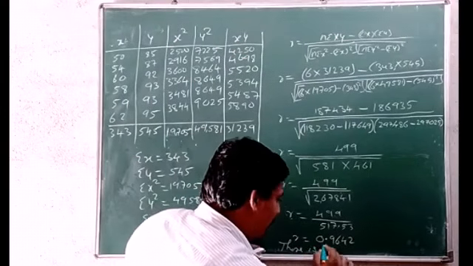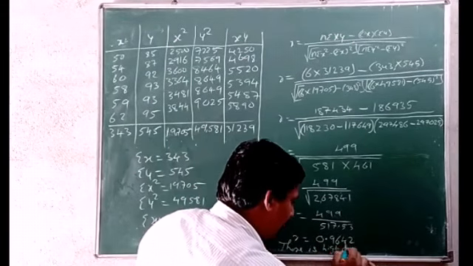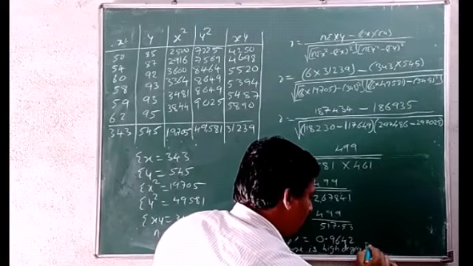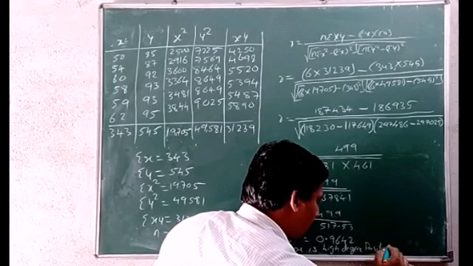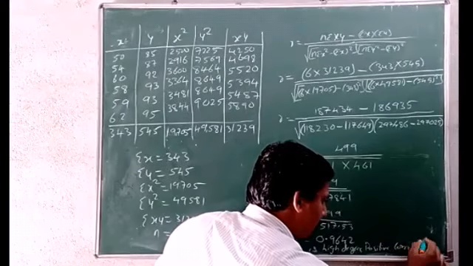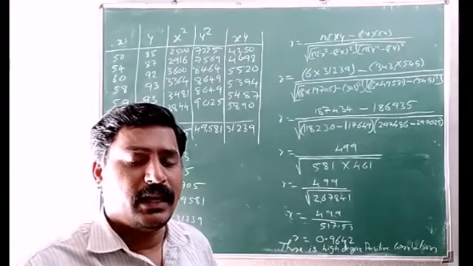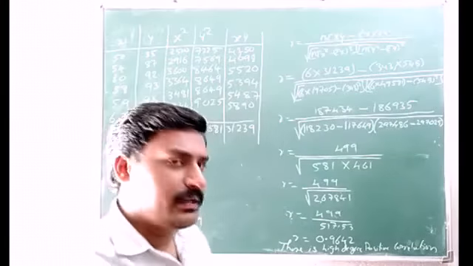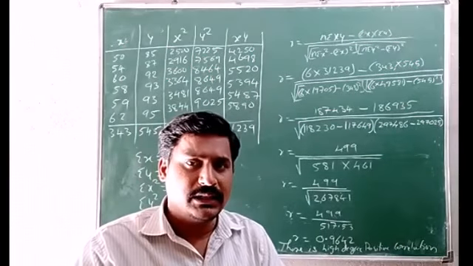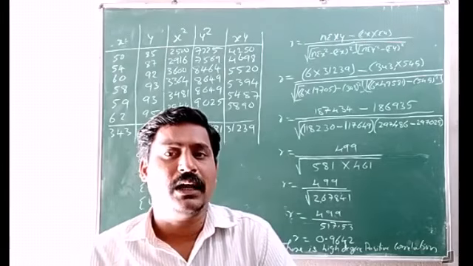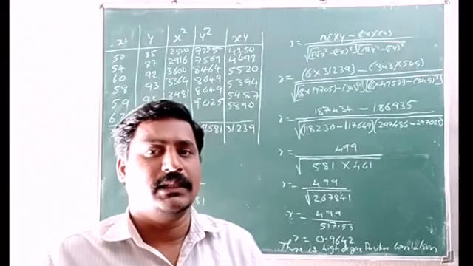There is a high degree positive correlation between marks in accountancy and marks in stat. That means here how the marks in statistics increases, at the same time marks in accountancy also will increase.